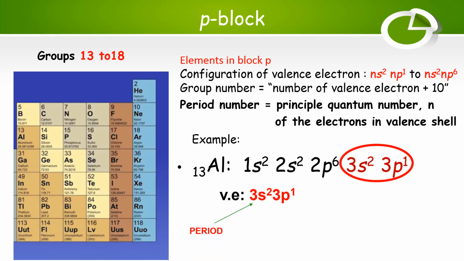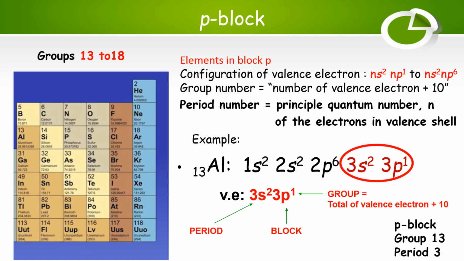Therefore, from here, the p indicates it is located at the P block. The valence electrons are 2 plus 1, plus 10. So it will be in group 13. Therefore, aluminium is located at the P block, group 13, period number 3.